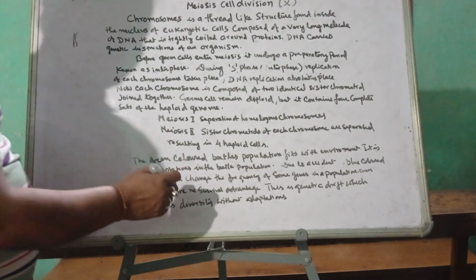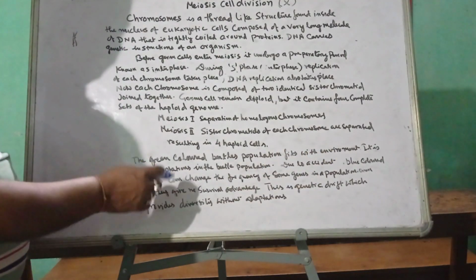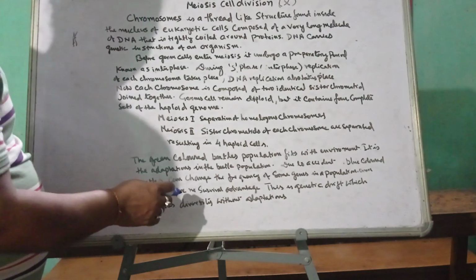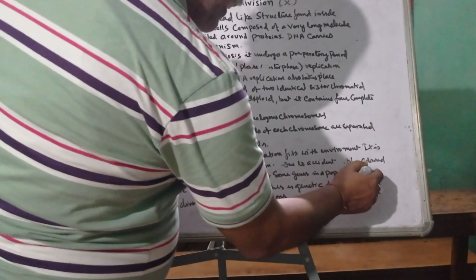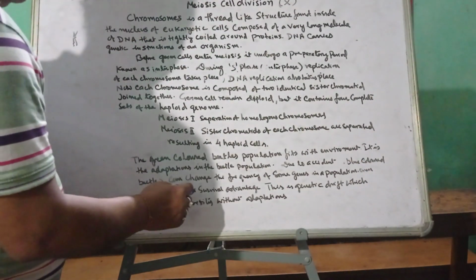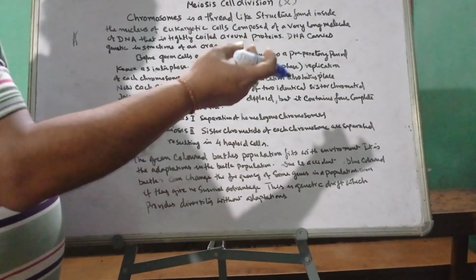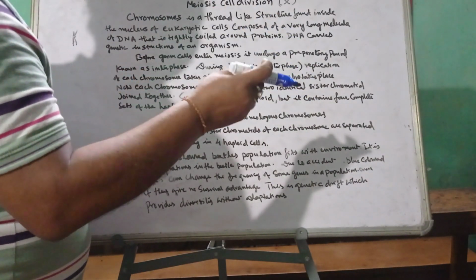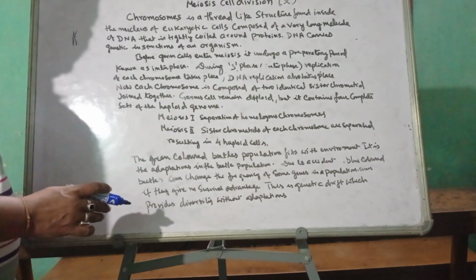So these blue beetles can change the frequency of some genes in a population, even if they give no survival advantage, because the blue beetles will be easily identified by the crow, and the population will decrease. It has no survival advantage.